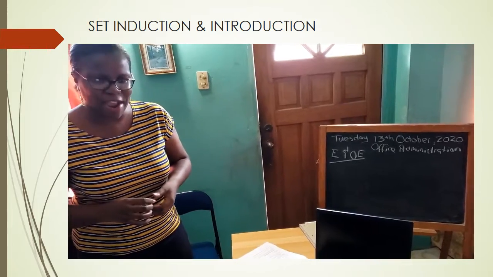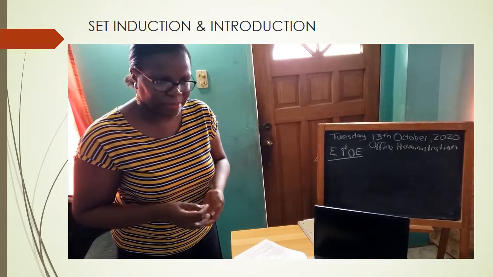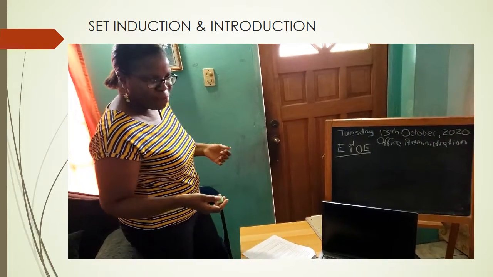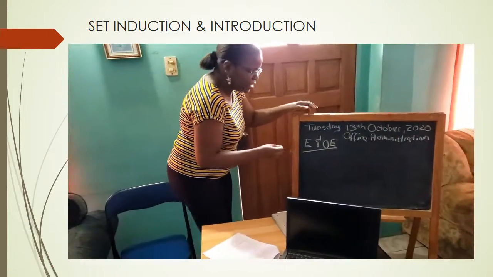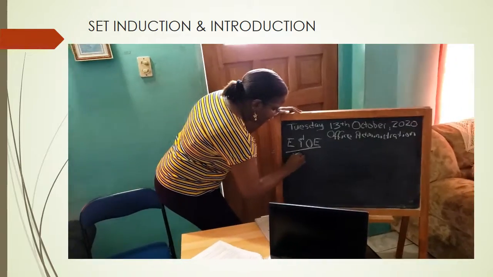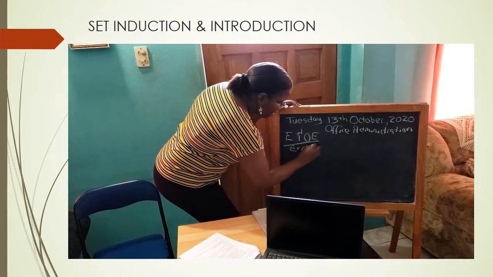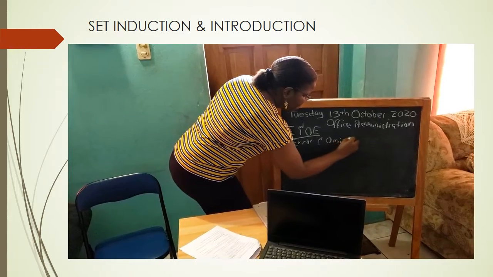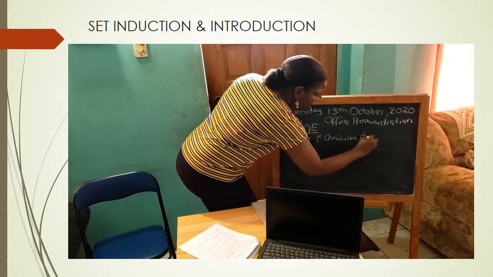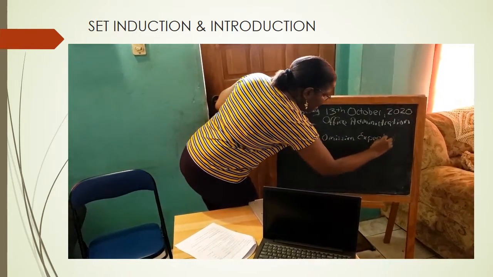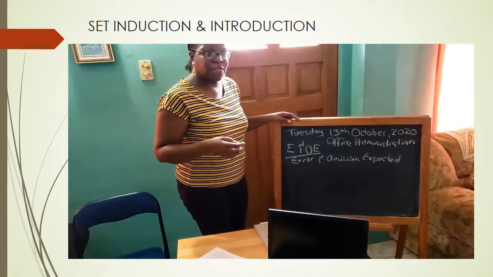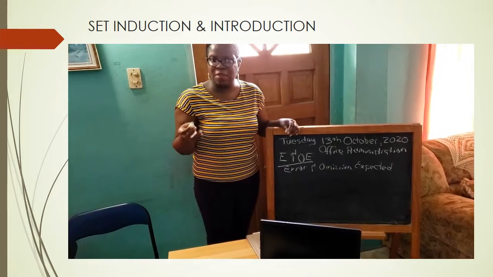All right, Ryan, you want to help her? You can't remember either. All right, well, let me refresh your memory. E and OE stands for errors and omissions expected. So in some invoices you may get errors.